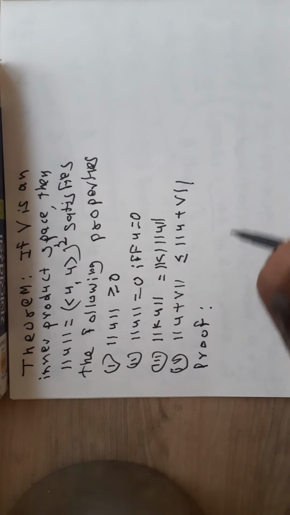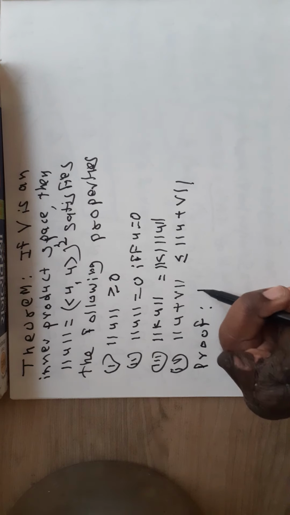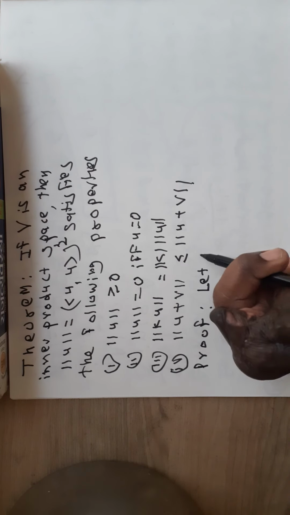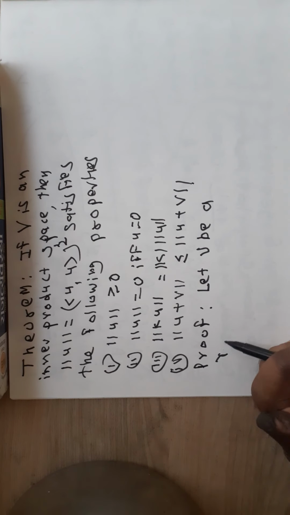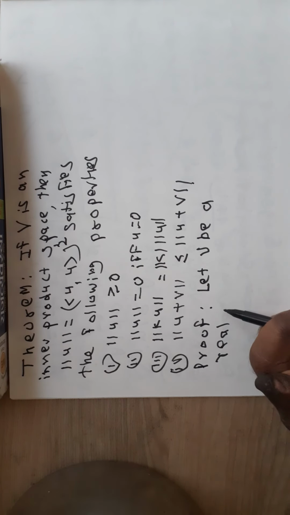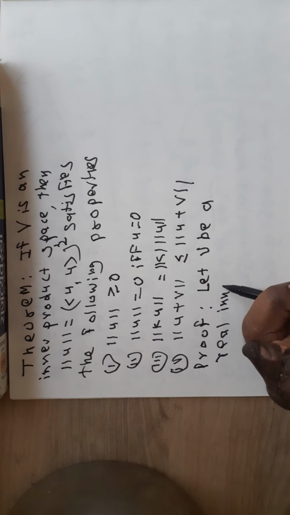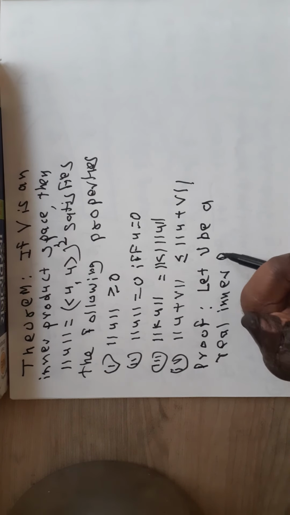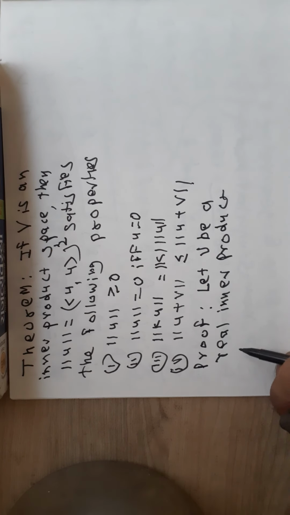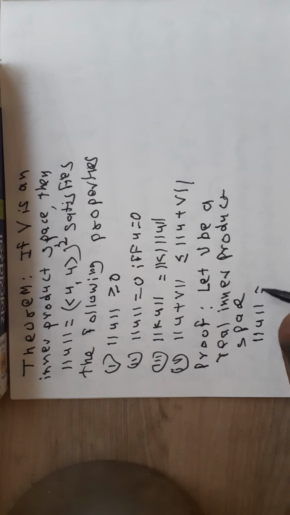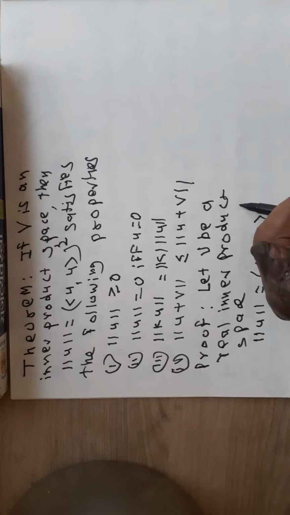Proof. Let V be a real inner product space. Now the norm of u is equal to the inner product of u with u raised to the power half.